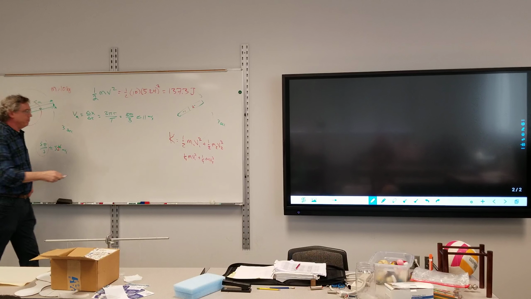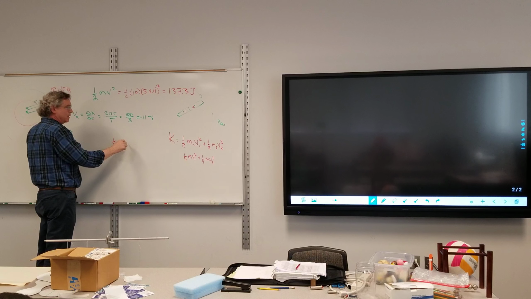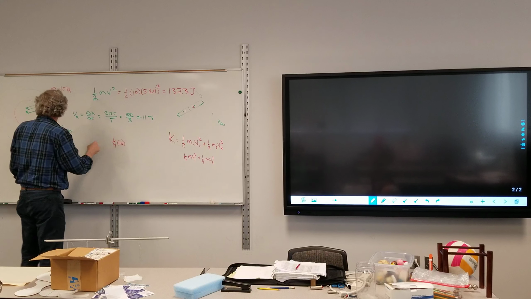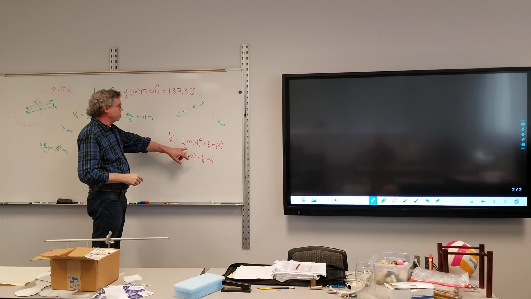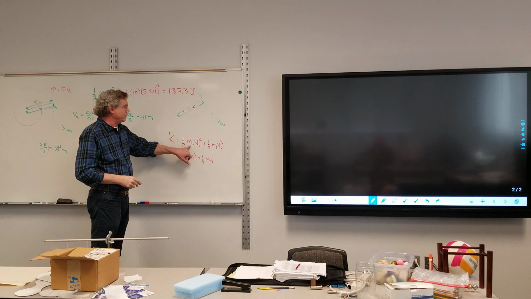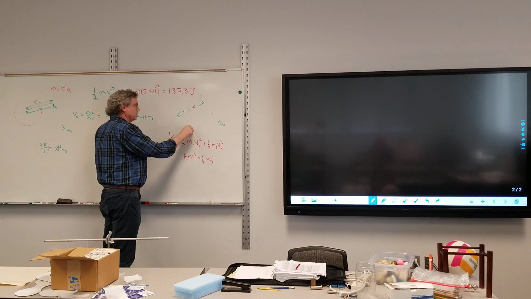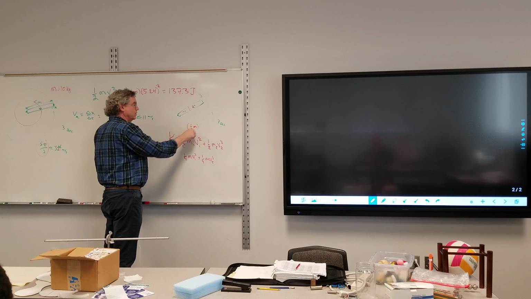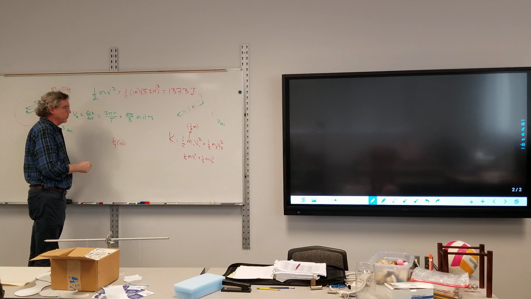If we broke it in half, I have 1/4 times 10 times, Why is it 1/4? I broke the mass up into 2 pieces, so technically that's 5 and 5. So this is half of the total mass. Oh, okay, so that's where that came from.